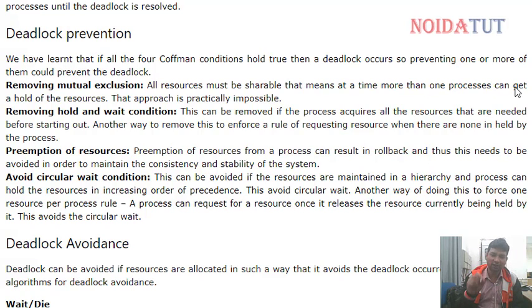A process can request a resource once it releases the resource currently being held by it. This avoids the circular wait. These are the four methods which we implement for deadlock prevention.